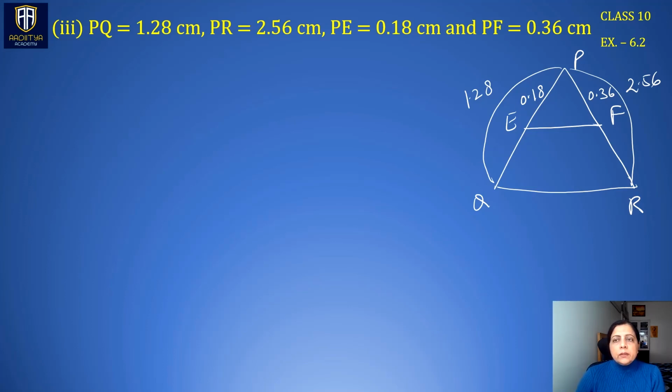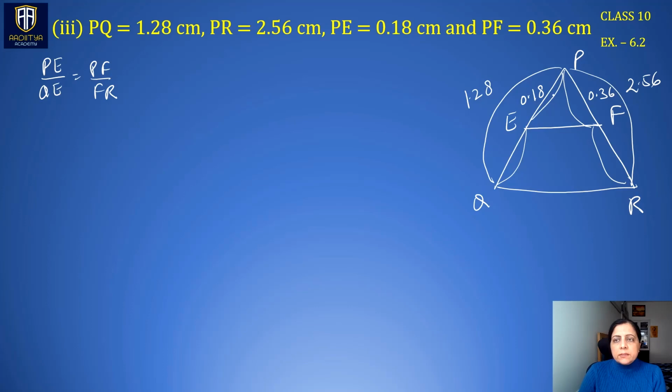So here we can do this question in two different ways. You must learn that when it says EF is parallel to QR, it divides the opposite sides in the same ratio. That ratio can be written as the ratio between these smaller segments. If we take it this way, PE upon QE, we have to maintain the same format on the right hand side. PE upon QE is equal to PF upon FR.